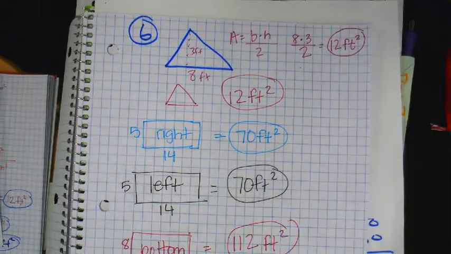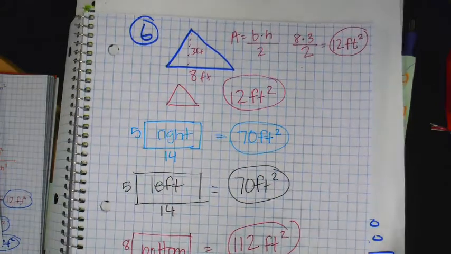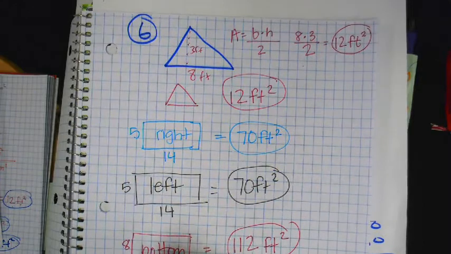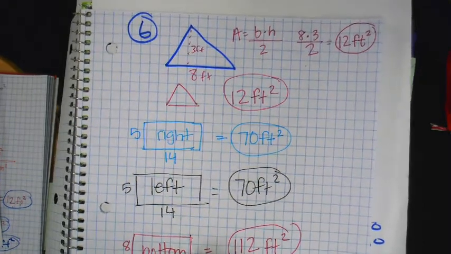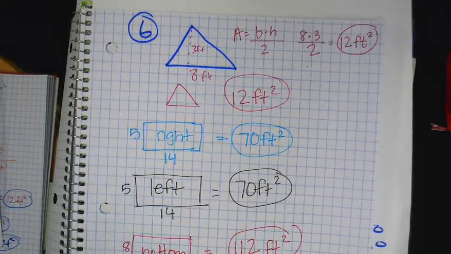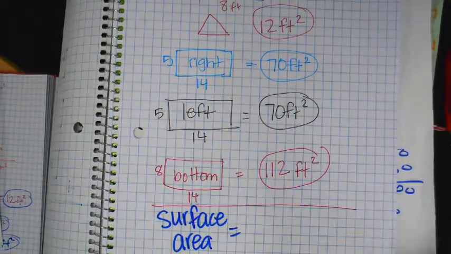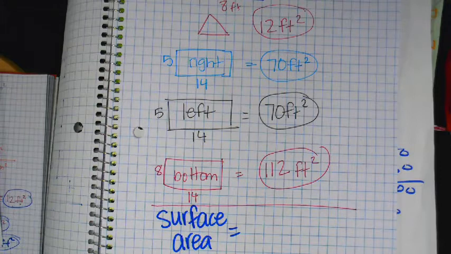So what are we going to do with all those? Add them up. So our surface area, do you guys agree? 276? Is that what everyone got?